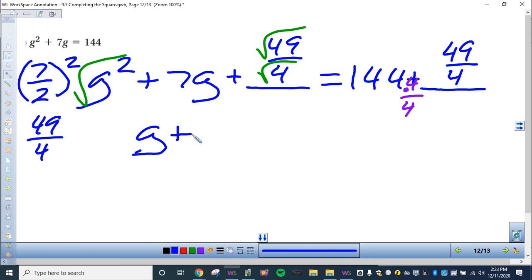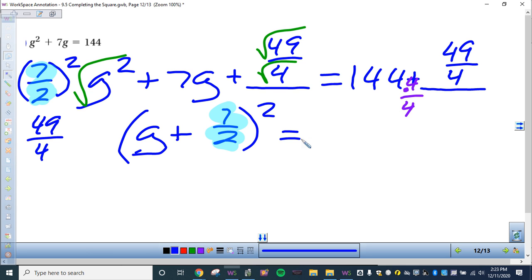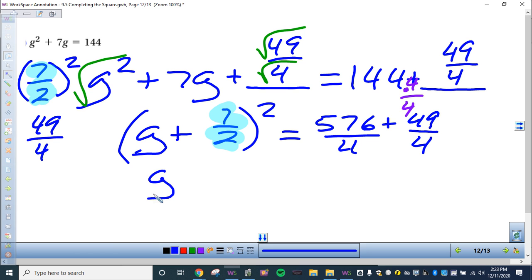So we get x plus 7 over 2 squared, right? So that 7 over 2 just comes from that spot right there. 144 times 4 is 576 plus 49. 576 plus 49 is 625.